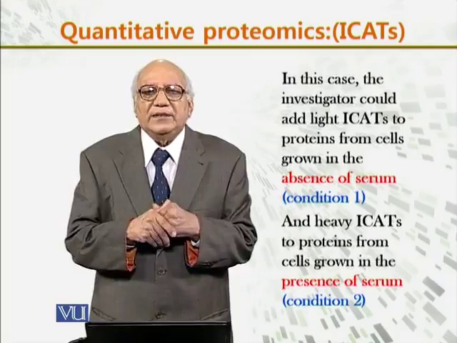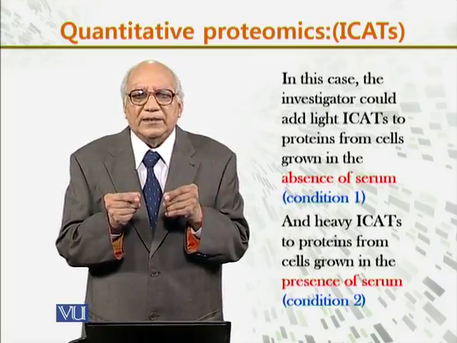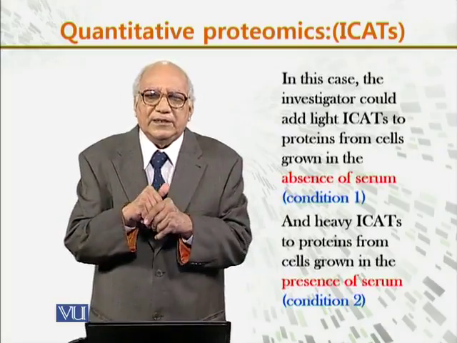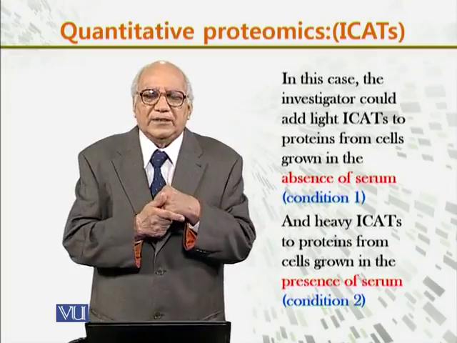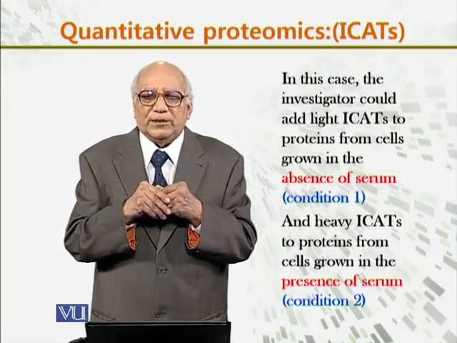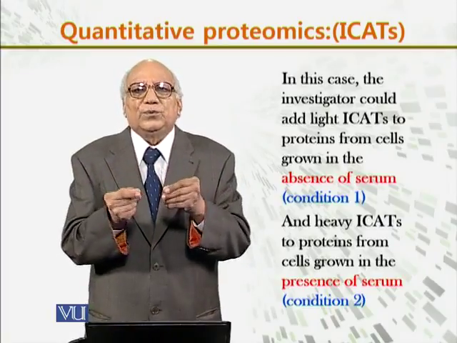In this case, the scientists could add light ICATs to the protein from the cells grown in the absence of serum, which was condition 1. And heavy ICATs, which are heavier molecules, were added to the protein from the cells grown in the presence of serum, condition 2.